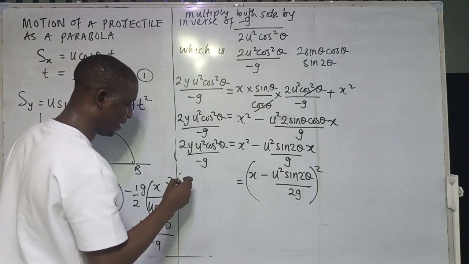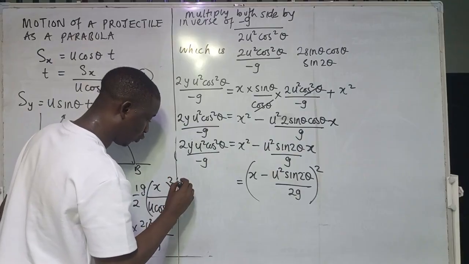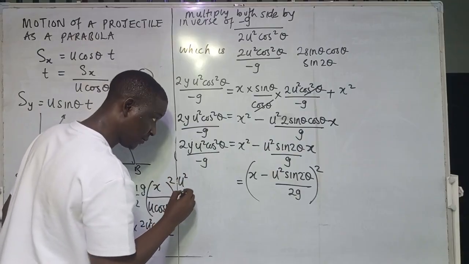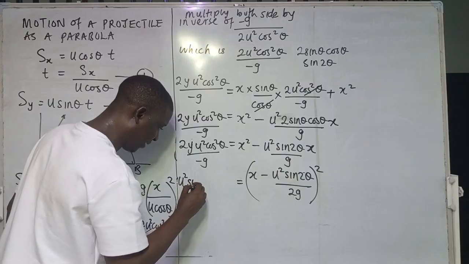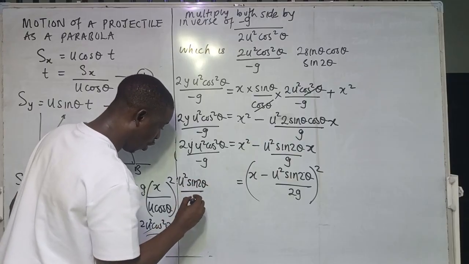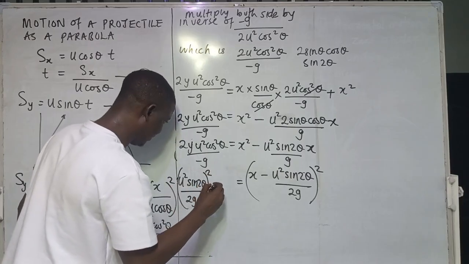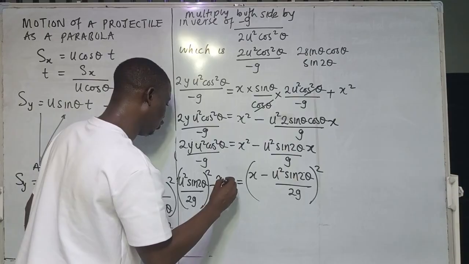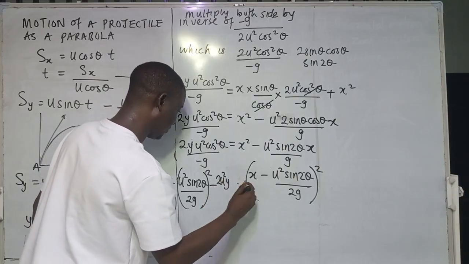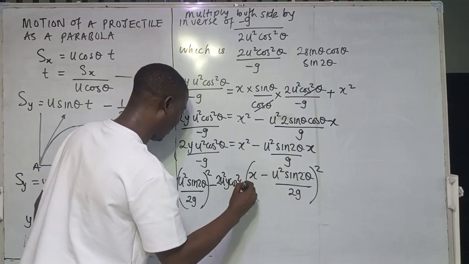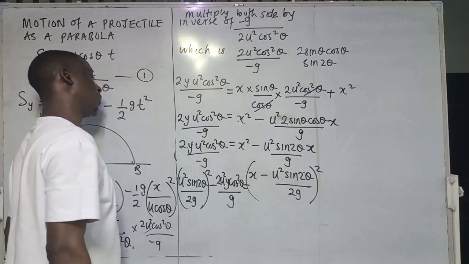I will now add it here: u square sine 2 theta all over 2g all square, minus 2u square y cos square theta over g. That's what I would have.